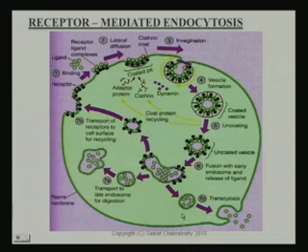Then receptors form a separate vesicle, the ligands form a separate vesicle, and the receptors go back to the cell membrane to do their next cycle of transport, because you have a limited number of receptors and you don't have the ability to waste them. And these ligands, as you can see here, could be used for different purposes. They could be used for metabolism, if they are proteins or nutrients that you need. If they are not needed, then they could be thrown out, and we'll do that in detail.